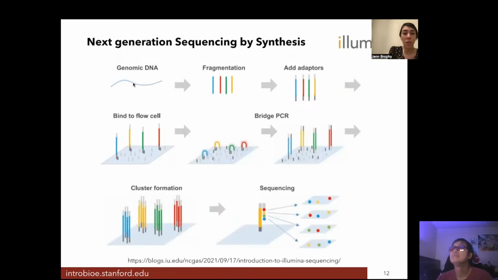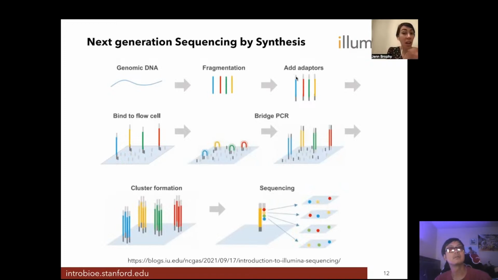So what happens is you take a bunch of genomic DNA and you shear it into pieces. You can actually agitate a solution of DNA in a way that breaks it into fairly regular pieces. Then what you do is you ligate on, you attach little short DNA sequences called adapters.